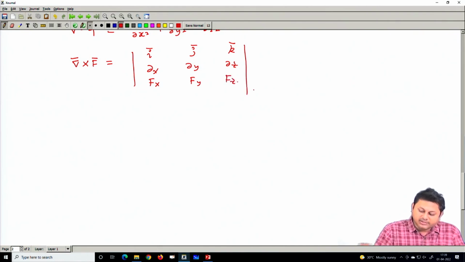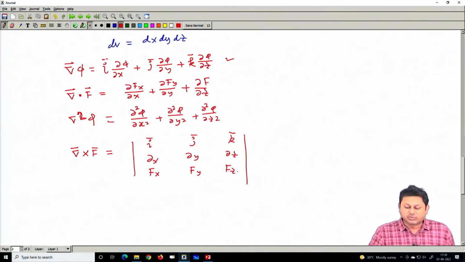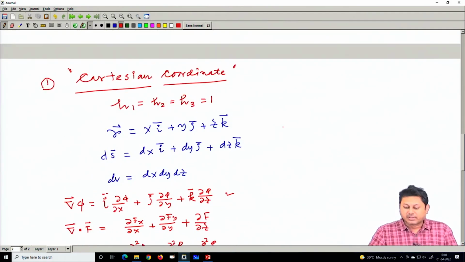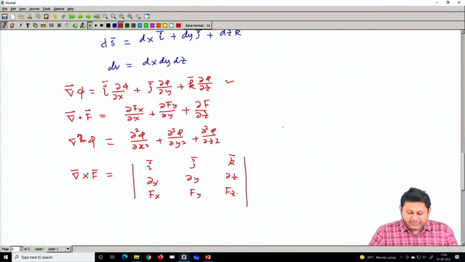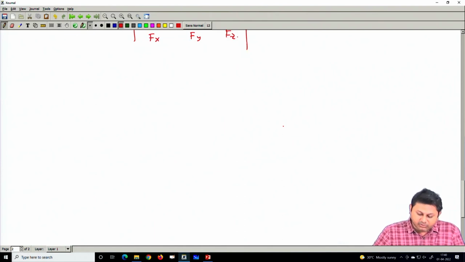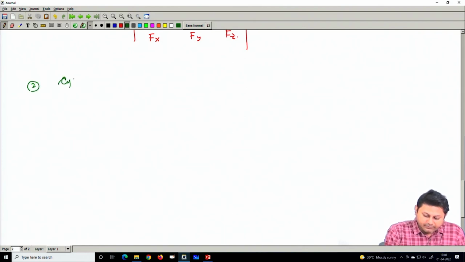So, all these things are well known. Nothing much to remember here, but once you now go for a different coordinate system, that is for cylindrical coordinate system, the next one, 2, we have cylindrical system.